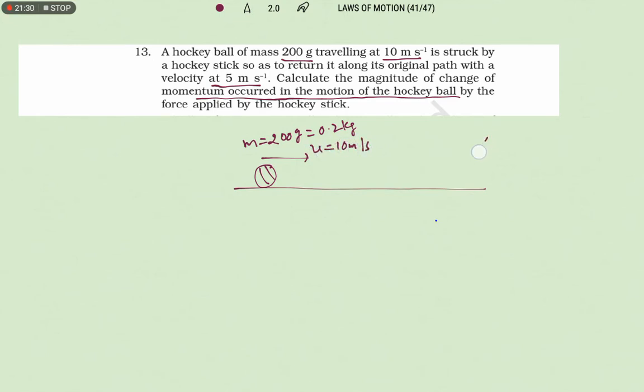It's struck by a hockey stick. So when it's struck by a hockey stick, it returns with a velocity of 5 meter per second. So v equals 5 meter per second. Then calculate the magnitude of change in momentum. So change in momentum, we can write delta p is equal to final momentum minus initial momentum, m into v minus u.